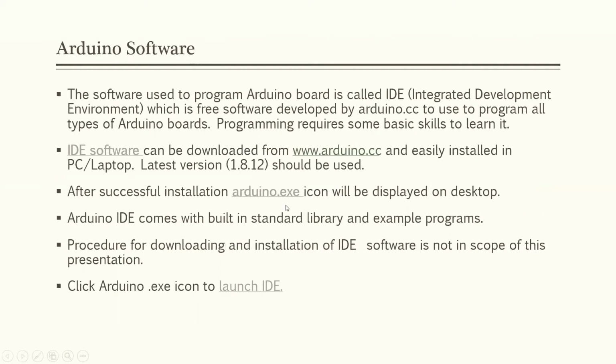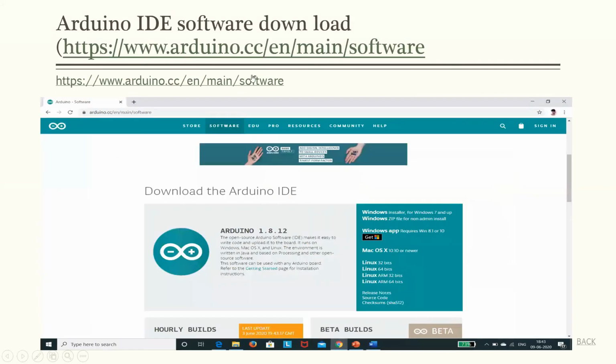On the Arduino software, you have to use the IDE software, which can be downloaded from www.arduino.cc. Here you can see the website details, from where you can download the Arduino IDE software, and the current version is 1.8.12.